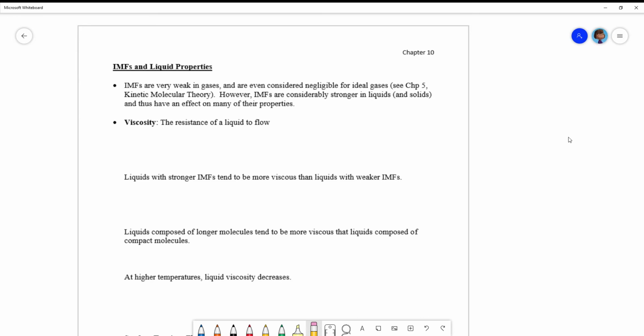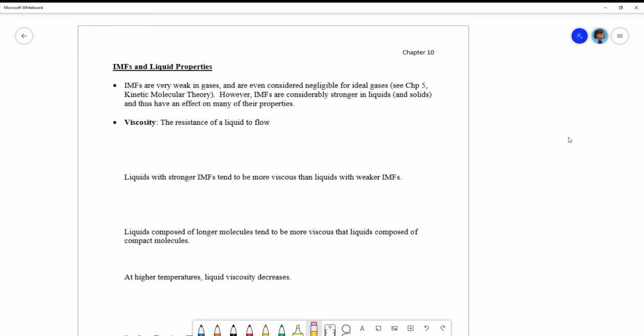So if you think back to our last lecture, one of the things you learned is that intermolecular forces are very weak in gases. We know the particles in gases are very, very far apart. So clearly the IMFs must be weak because they're not being pulled together. Now, if we go back to our Chapter 5 notes and look at kinetic molecular theory, one of the postulates says that the IMFs are so weak in gases that they're to be considered negligible.